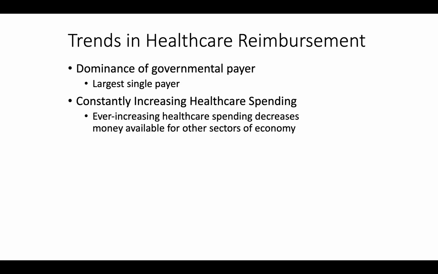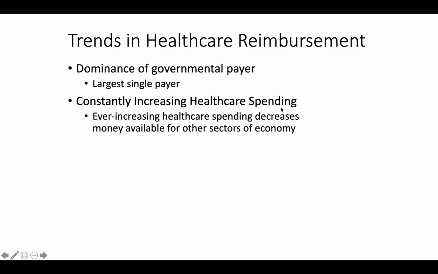And insurance companies have to respond by increasing the insurance plan, how much they charge people. So at the end, we will have uncontrolled increase in cost. So one of the noticeable trends is that governments are trying to control the cost, and there is more dominance of governmental payer in this aspect.